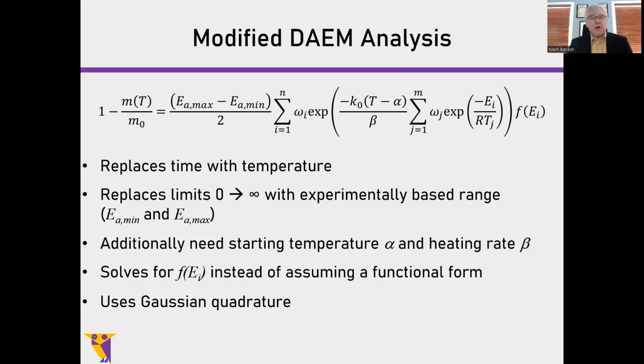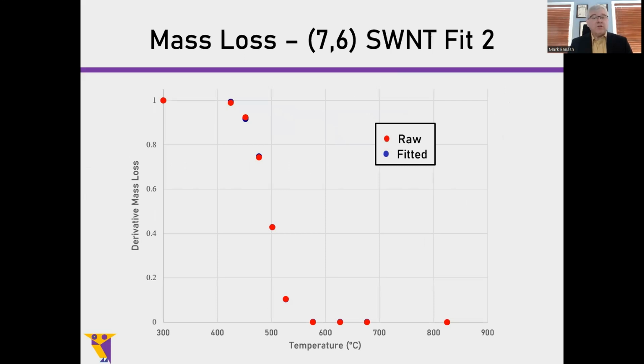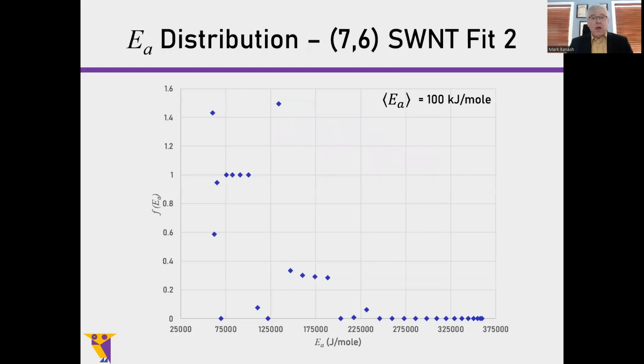You do need to know the starting temperature alpha and the heating rate beta, but here I've replaced the distribution function with just a probability density. And we're going to solve for it. And we're going to use Gaussian quadrature because that's a very simple technique to implement. And here's an example of what you get. Here's that fit 2 for the SWIMP material.